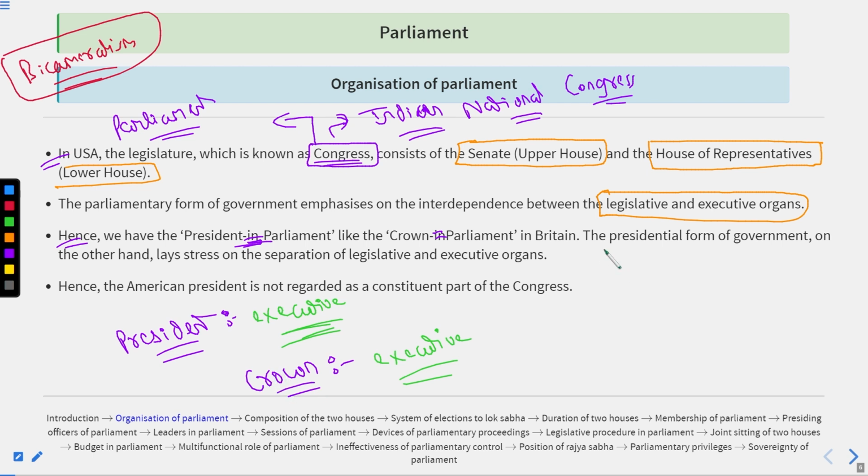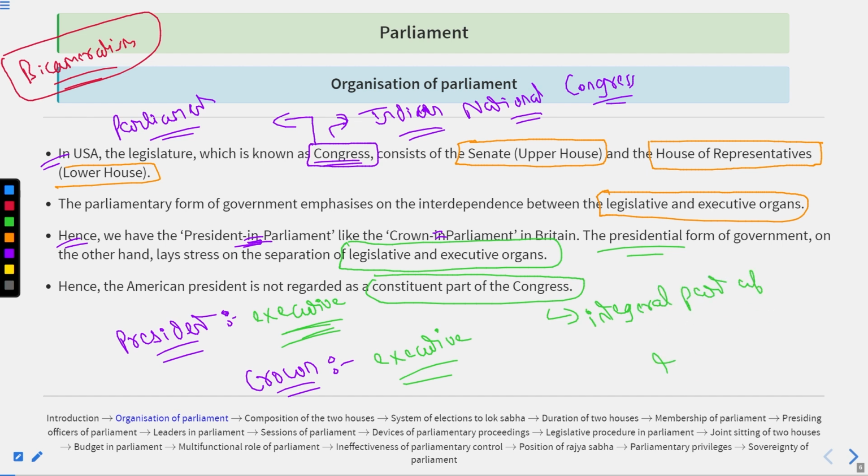Okay, but the presidential form of government, on the other hand, lays stress on the separation of legislative and the executive organs. Okay, hence the president is not regarded as the constituent part or the integral part of the Congress. Okay, because the executive and the organs are separated here.